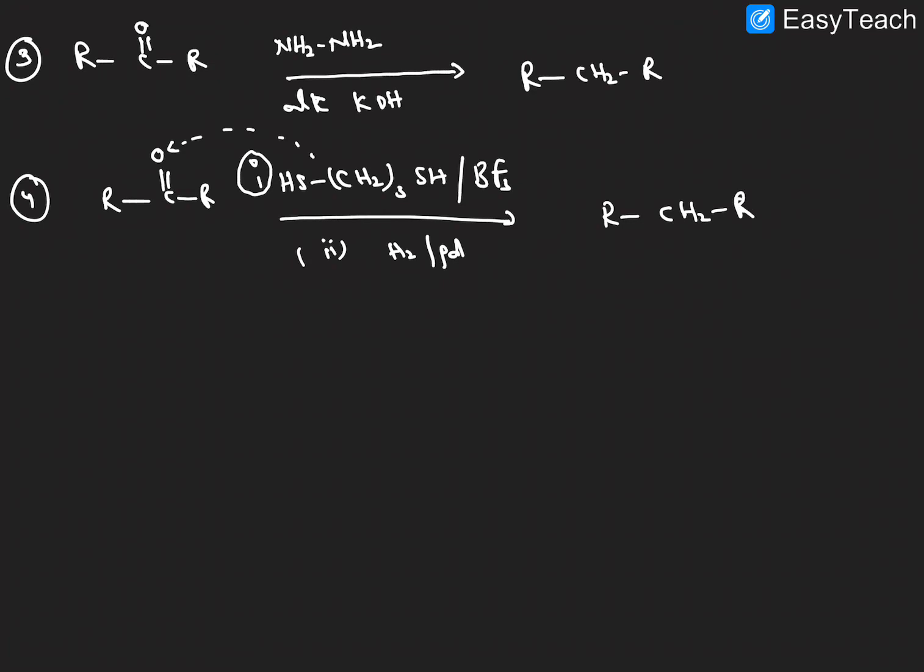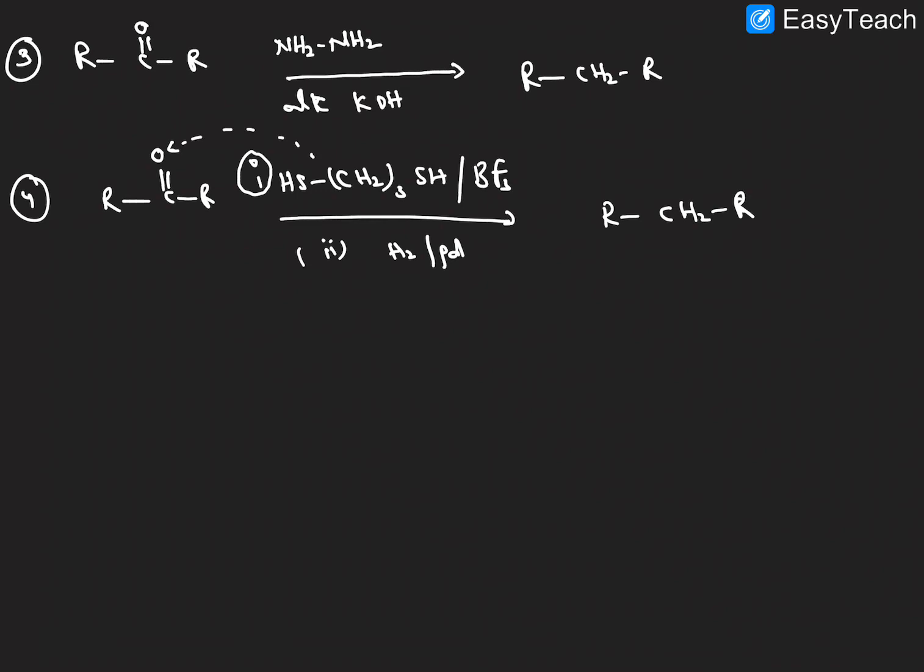So from carbonyl compound to hydrocarbons, the reagents we are using are red phosphorus in the presence of HI, next Clemmensen reduction, then Wolff-Kishner, then the dithiol followed by hydrogenation.